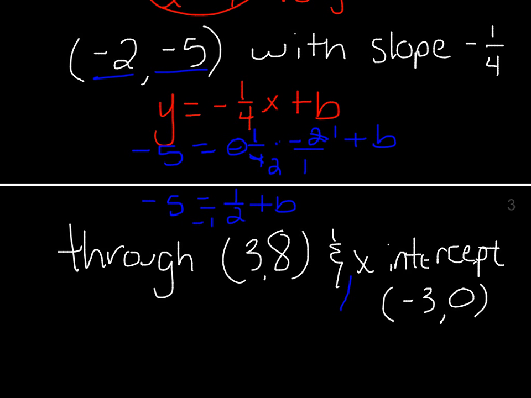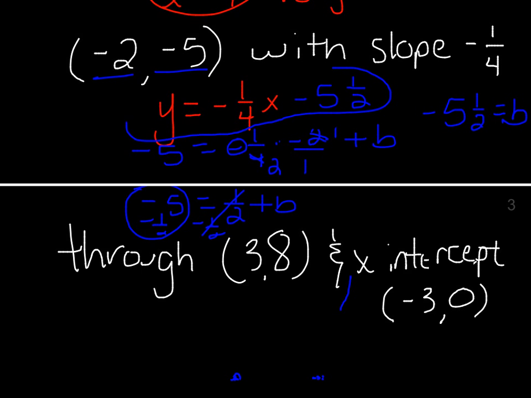Then if I subtract 1/2 from both sides, and I hope you guys can follow what I'm doing, negative 5 minus 1/2 is now negative 5 and 1/2. And so that's what the b is in this equation. So I would go back in, take out my b, take out the plus since it's negative, and add that slope, negative 5.5. So that's my new line. And remember, that time it just gave you the slope, so it made it easy. You didn't have to do as much work.